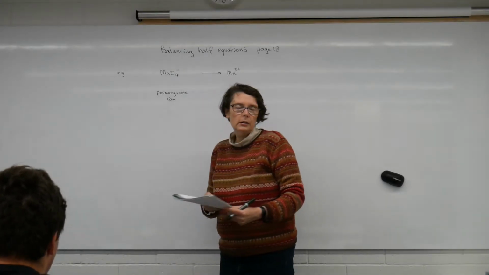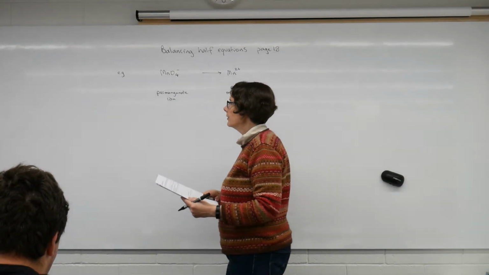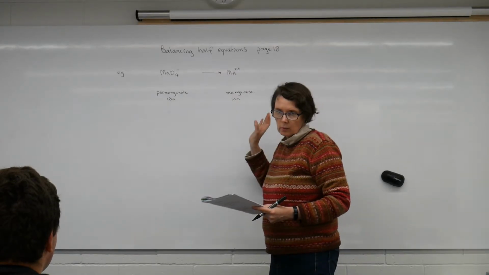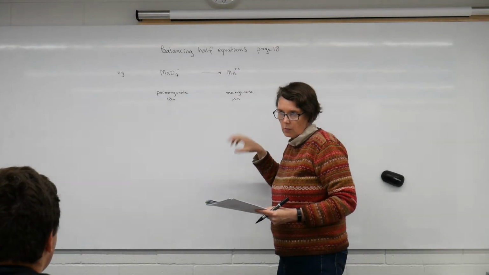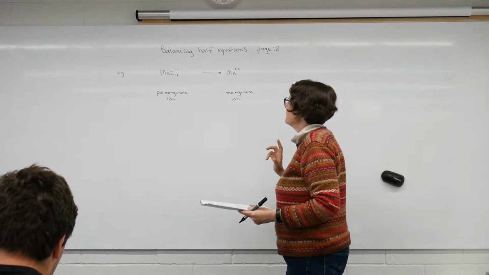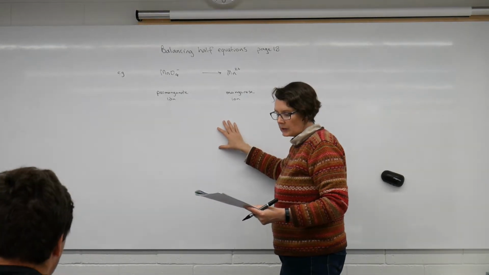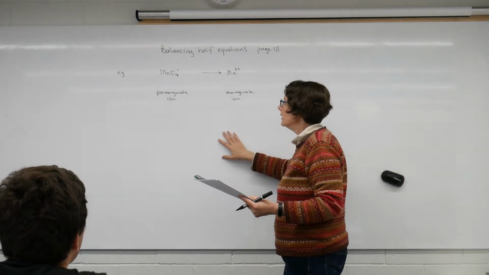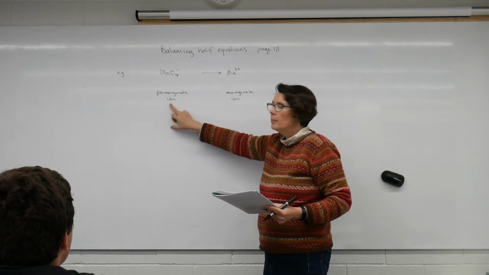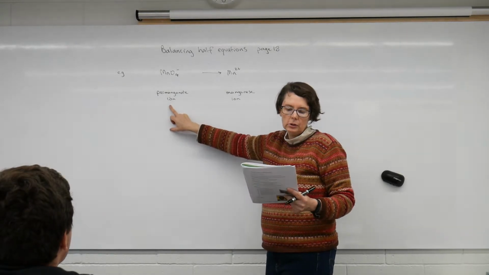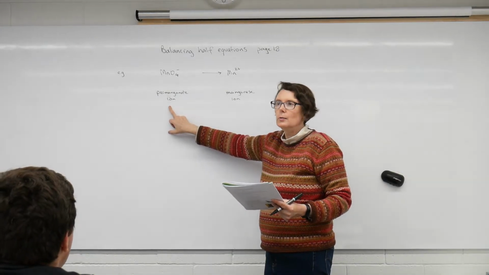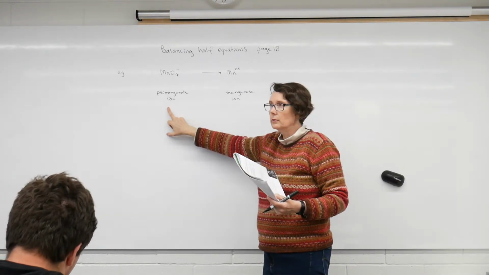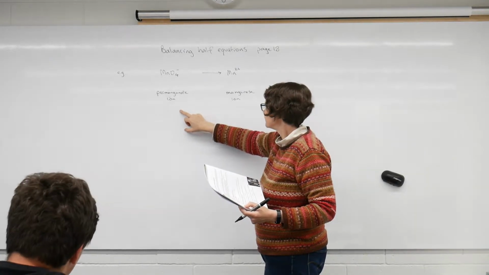When you are in a situation where you need to work out the half equation, you will be given the reactant and the product. Okay, you won't have to guess the product. But in our example, we're going to look at how we would go about balancing a half equation for our permanganate ion, and I've written down the name just because it's going to be an important one for you to know and recognise as we go on.